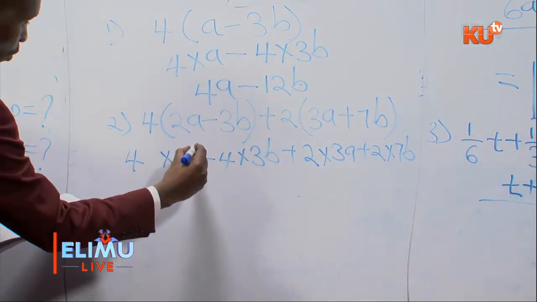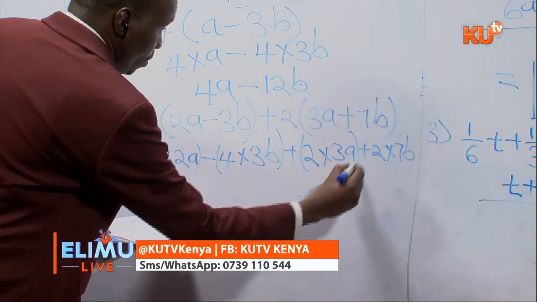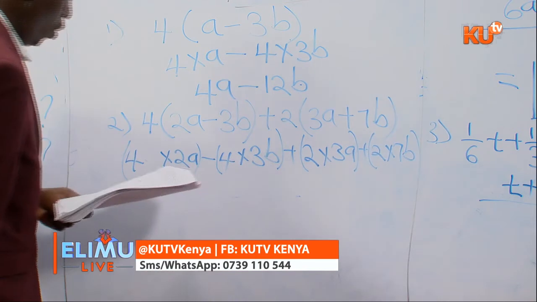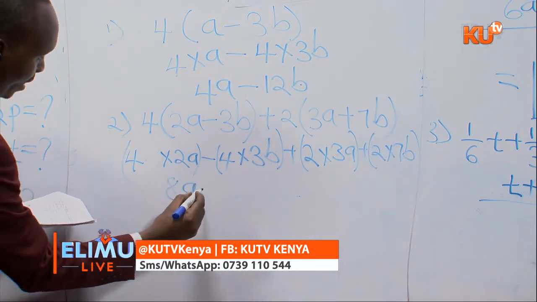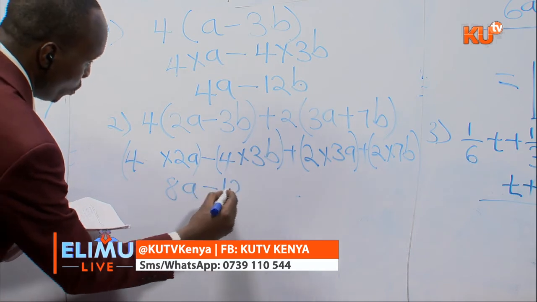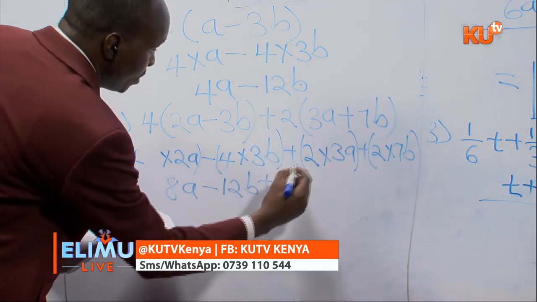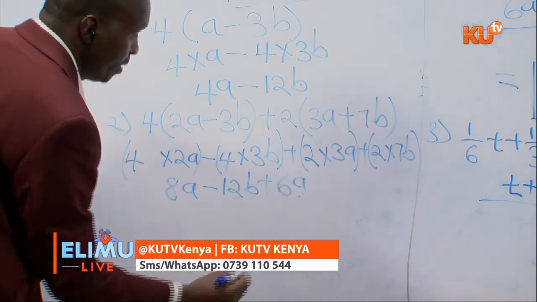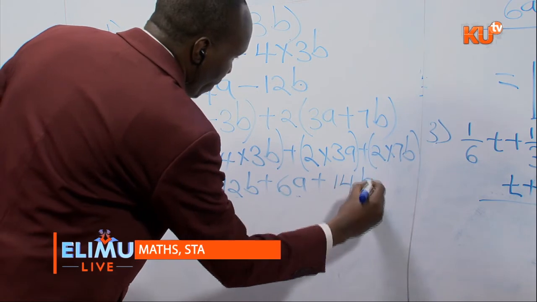We can group them. So we have 4 times 2, we get 8a, take away 12b plus 6a plus 14b.